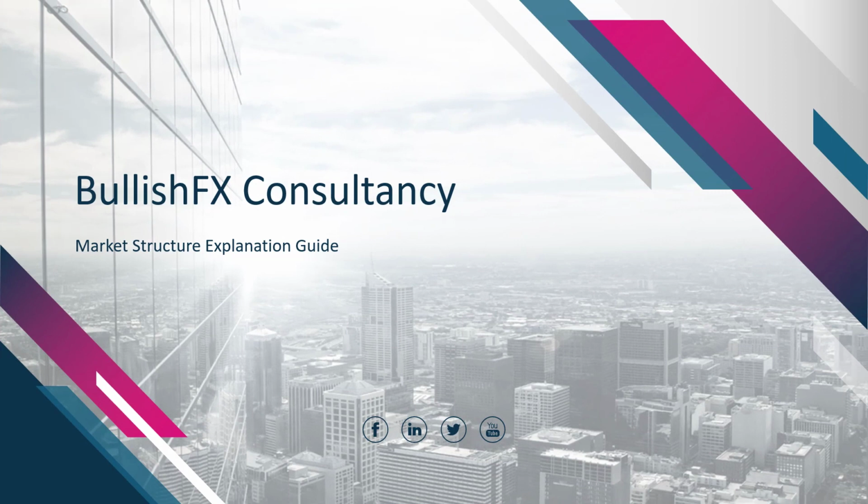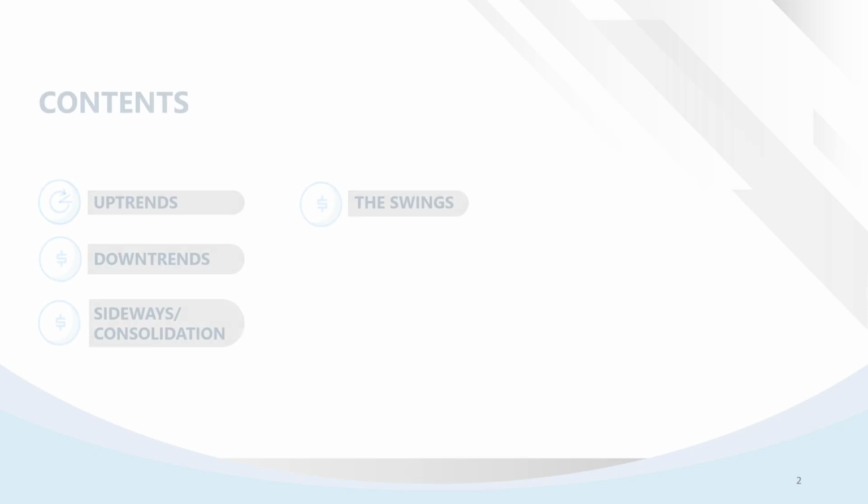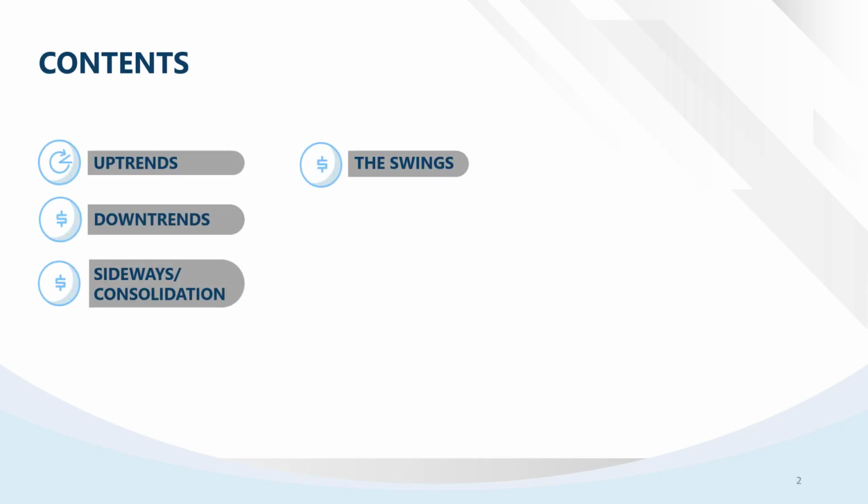Right, welcome back, guys. In this section we are going to be talking about market structure. I'm going to give you a brief introduction to market structure. So we're going to be talking about uptrends, that is when market is moving to the upside, or in other terms we call that bullish.